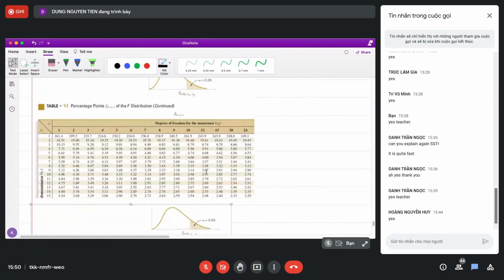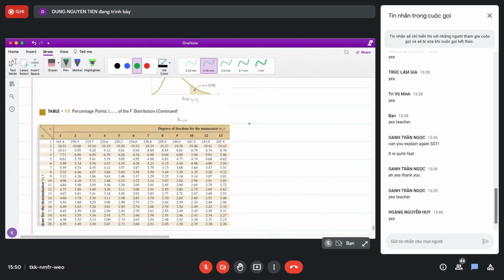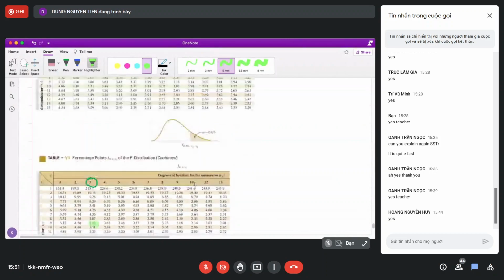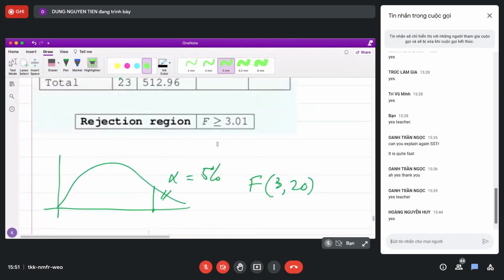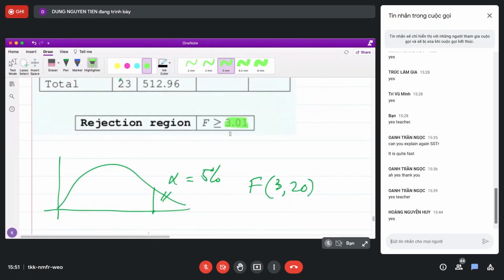So you come up with the two degrees of freedom, 3 and 20. The first one is the degree of freedom for the numerator, so that is 3. For the denominator, you get 20. This is the value, 3.01. Okay, you get 3.01.